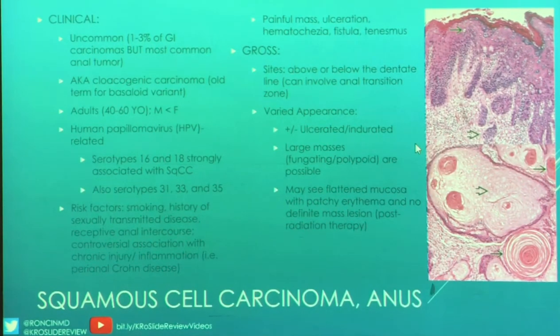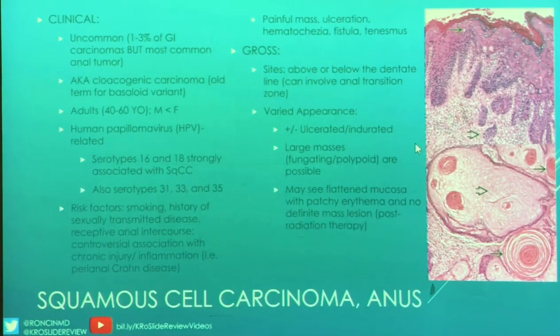And the appearance, as with a lot of these lesions that we've seen tonight, can be variable. They can be ulcerated or just indurated and erythematous. They can be huge masses that are fungating or polypoid, or you might just see flat mucosa with patchy erythema.